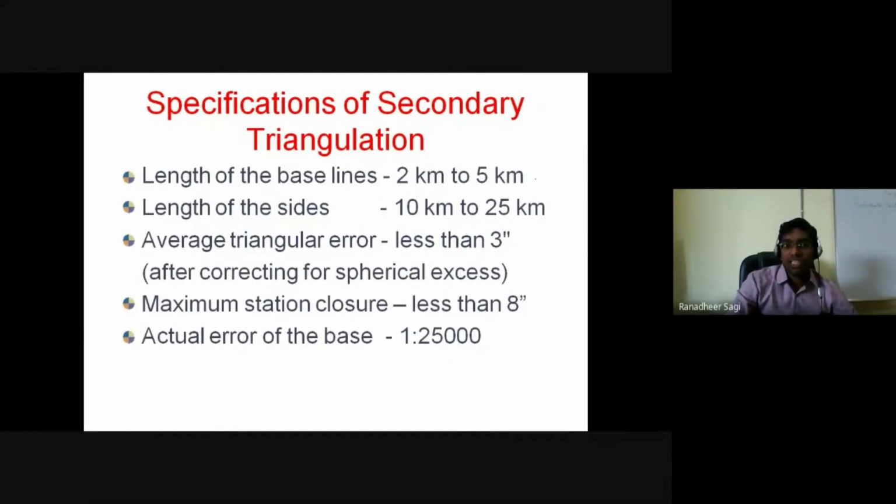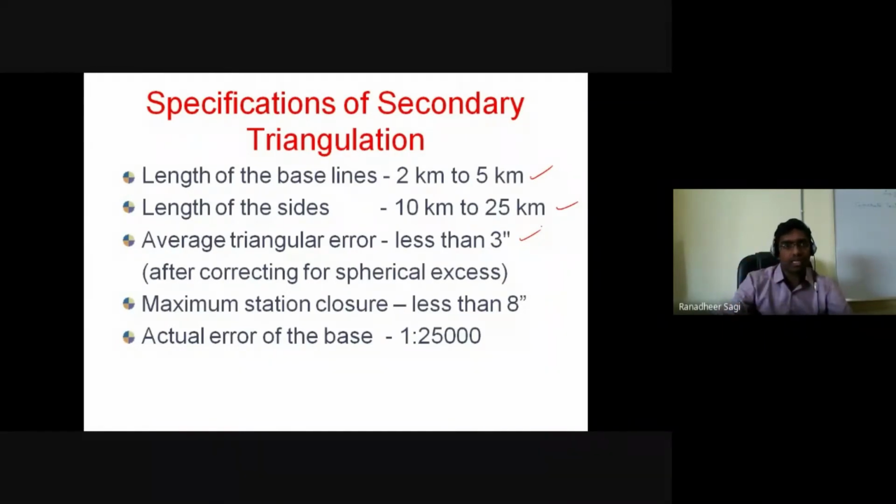The length of the baselines would vary somewhere between 2 to 5 kilometers. The lengths of the sides in this case are lesser, which is 10 to 25 kilometers. The error in the angular measurements is, as I told you, of relatively lesser accuracy with which we mark this secondary triangulation. So the error is something less than 3 seconds. So there is an increase in error when you come from primary to secondary.